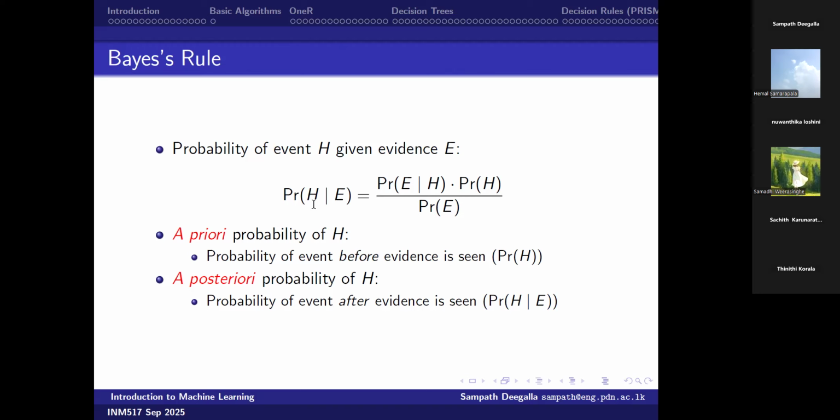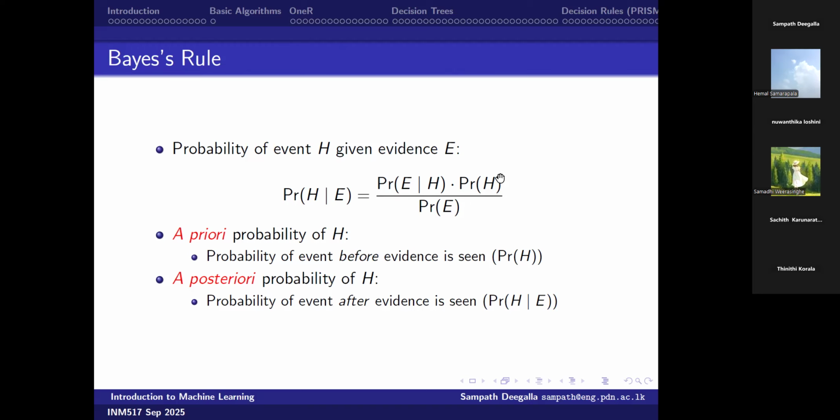Given the new date, we need to find out the probability of class yes or class no. To do that, given the hypothesis, given that we know the class label yes and no, we calculate the event probabilities. And we assume that all the attributes are independent of each other. Therefore, we can simply multiply them together. So that's what we do.